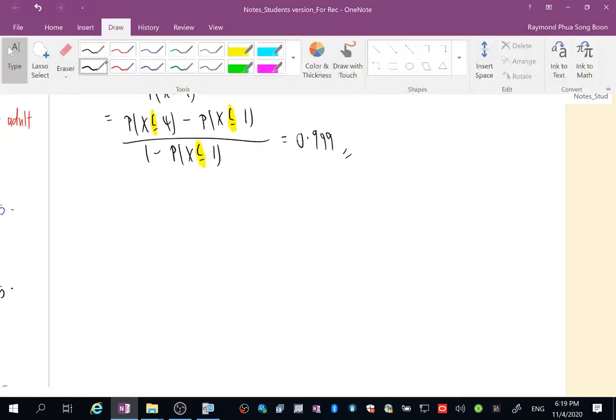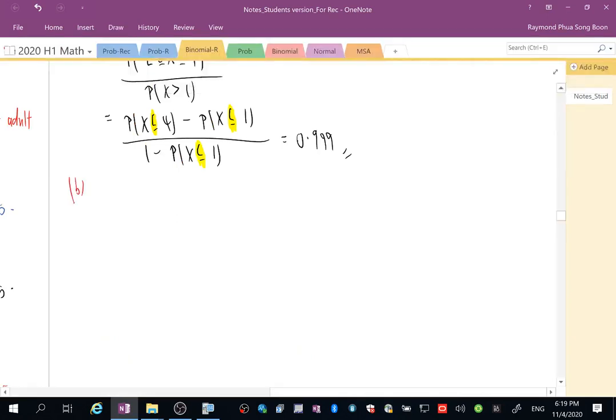Okay, in part B, let's use a random variable which we have not used so far in this question. We can use U. Okay, so let U be the number of left-handed adults out of n adults.